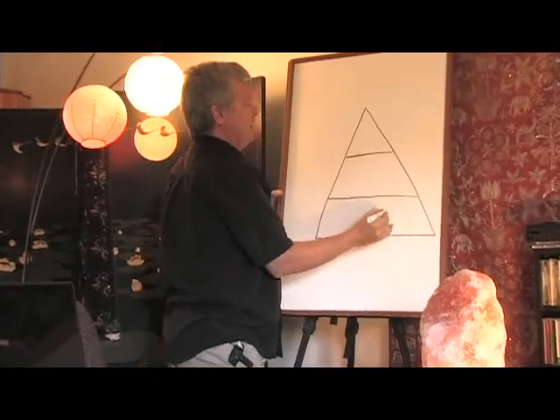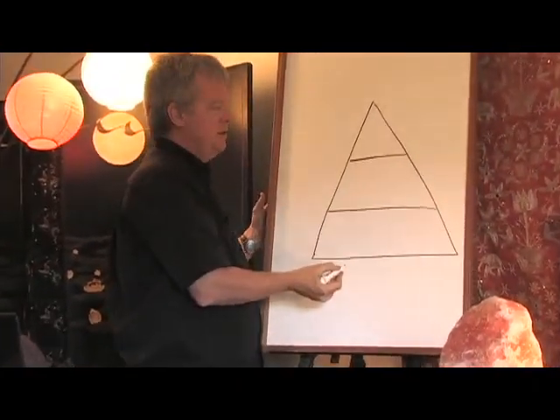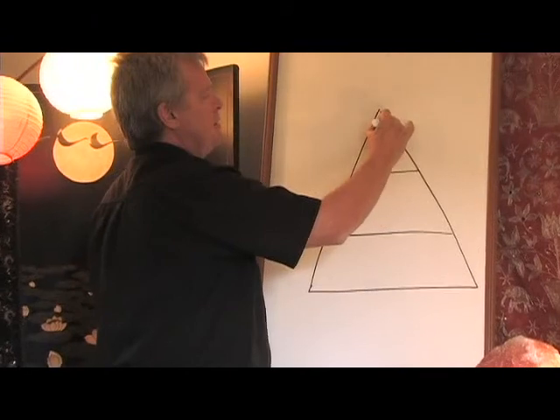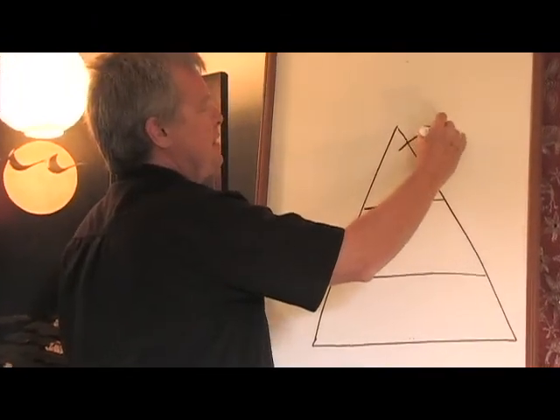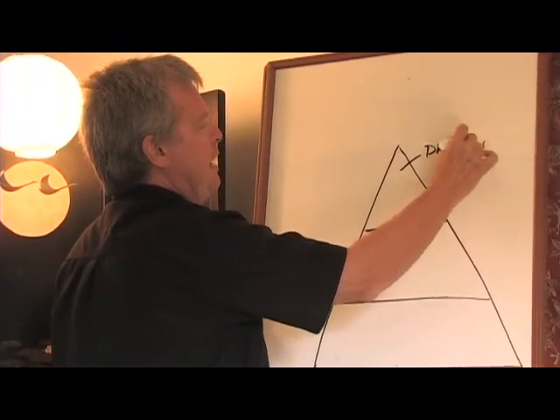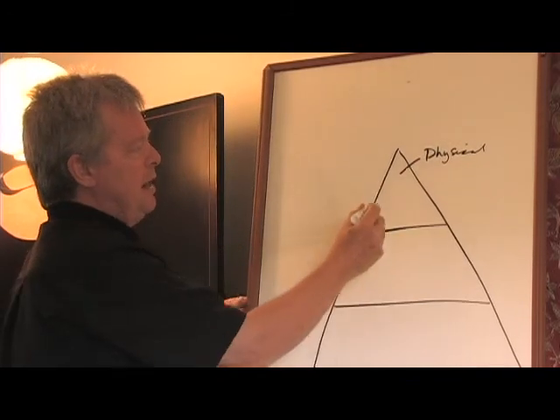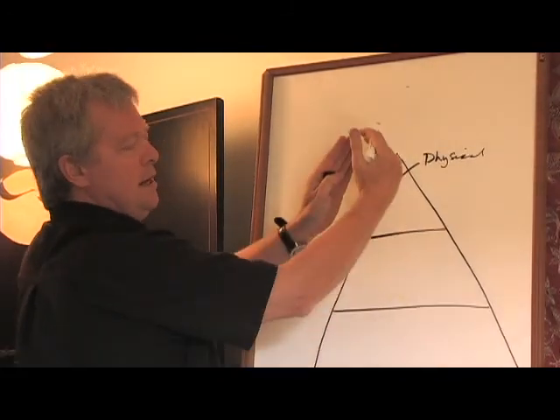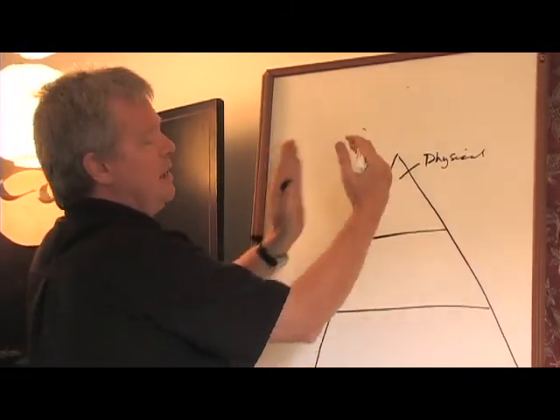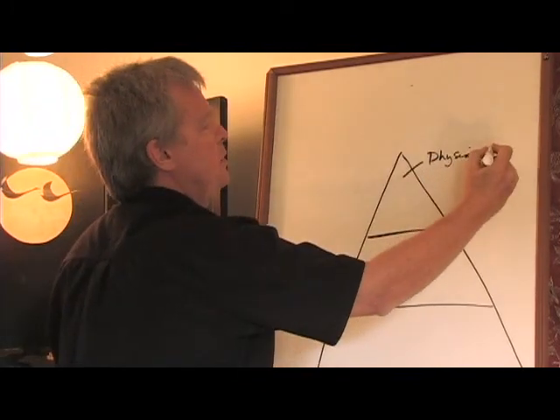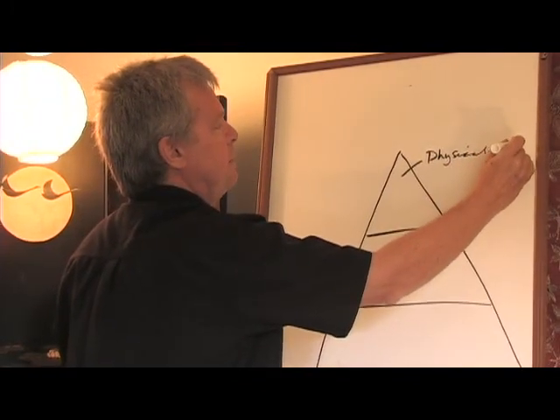And if we look at the pyramid divided into three sections, let's say the top section of the model represents the physical domain. And the physical domain is where matter is the most concentrated, in this model the most dense, and also moves at the slowest rate.